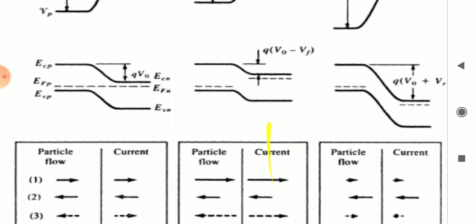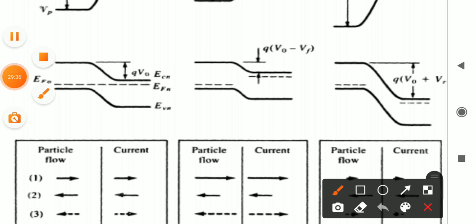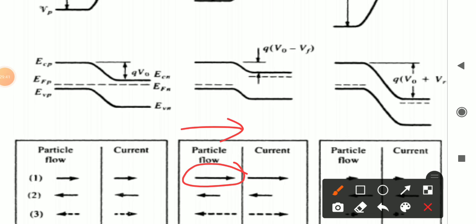So why do we have a lengthier current direction? That is because we have more diffusion current, more diffusion hole current and more diffusion electron current. This one, more diffusion electron current. This length is more because the barrier potential length here is lesser compared to this one. Here Q times V naught. So this length is higher, but this length is smaller.